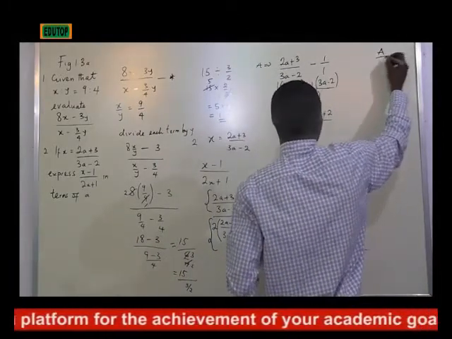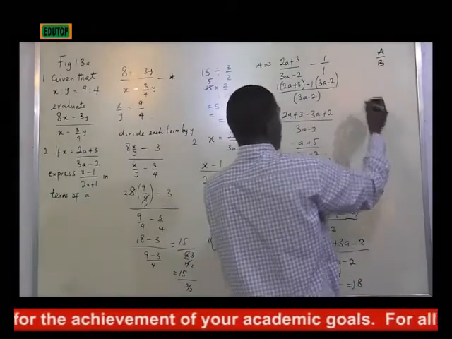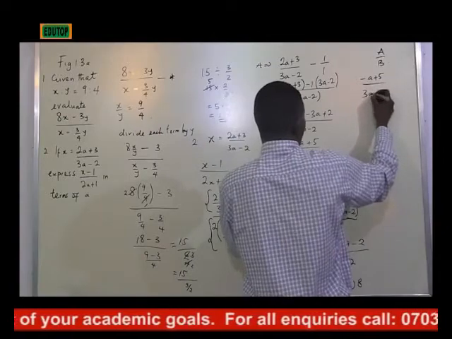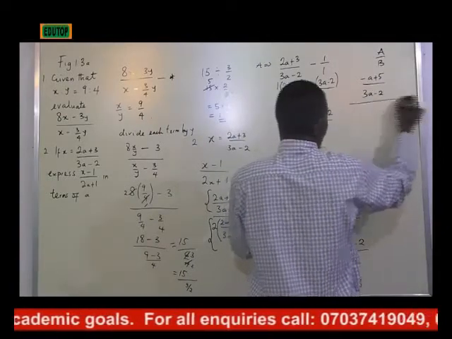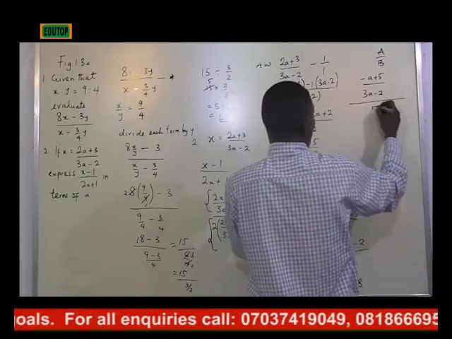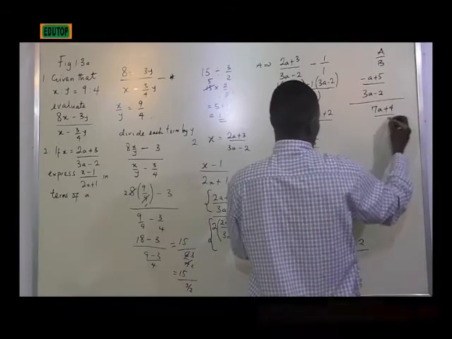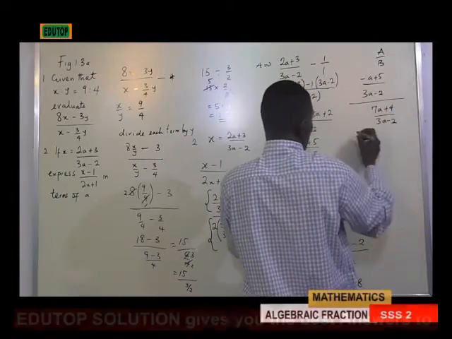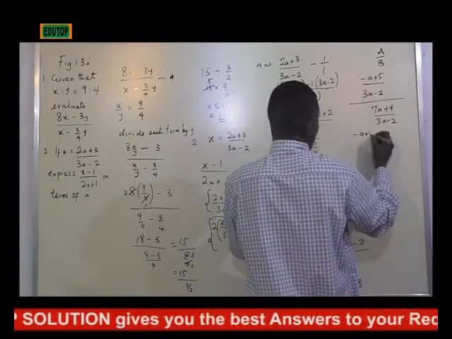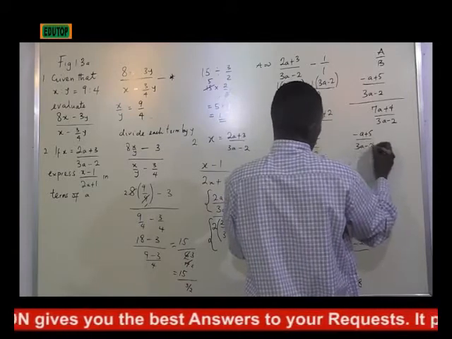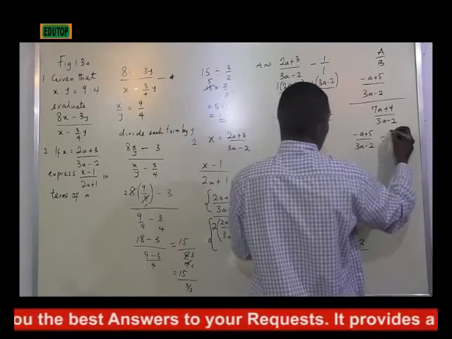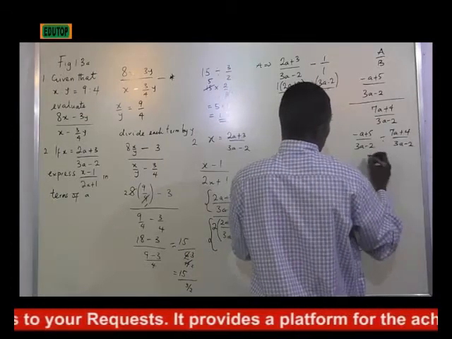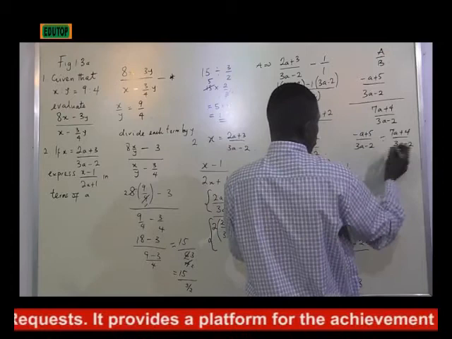To now resolve a over b, what is my a? My a is minus a plus 5 over 3a minus 2 divided by 7a plus 4 over 3a minus 2. If I change this division to multiplication, this one will reverse.